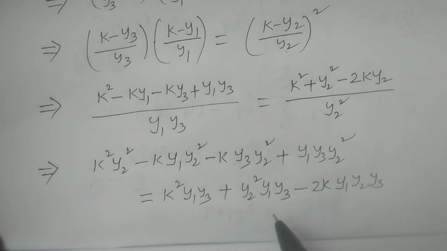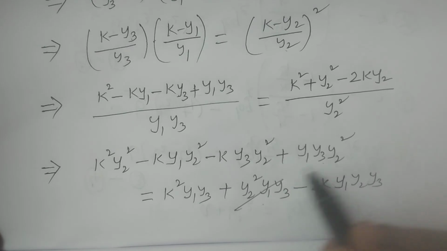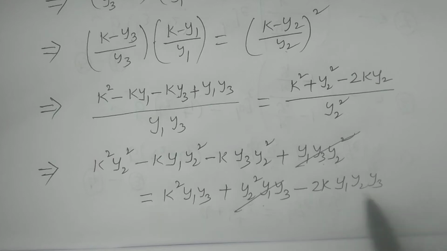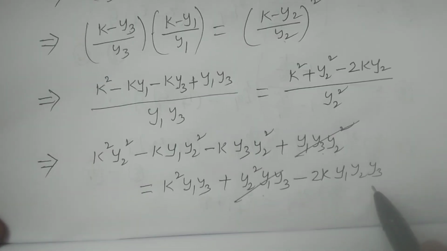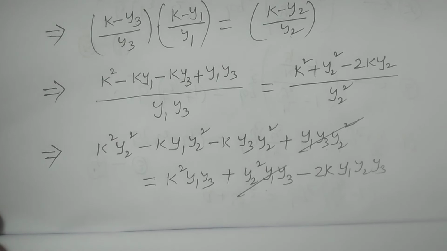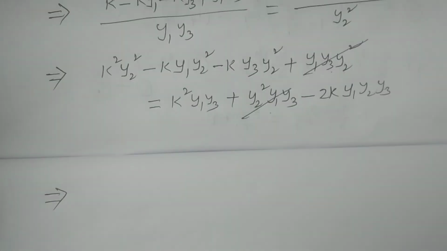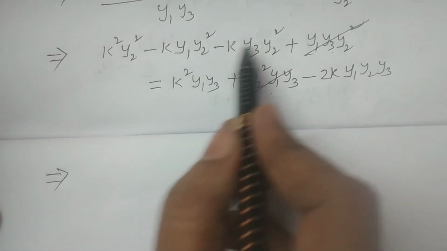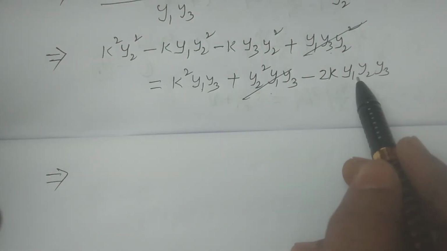Now any term is going to be cancelled. You see here, y2 square y1 y3 and y2 square y1 y3 will get cancelled. In the remaining terms we have k in all the terms, so I am cancelling one k.